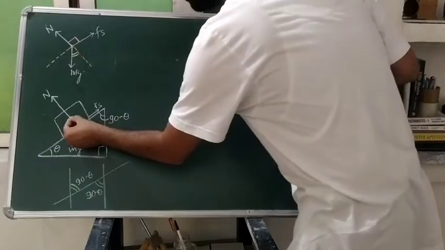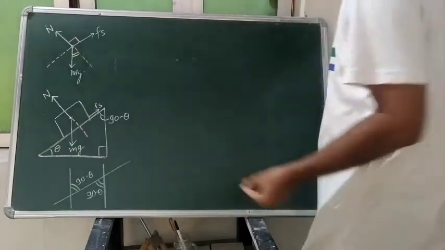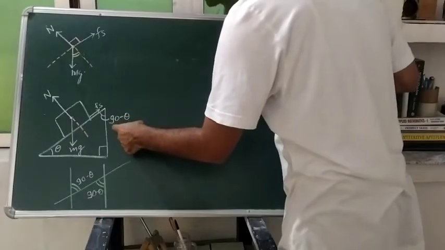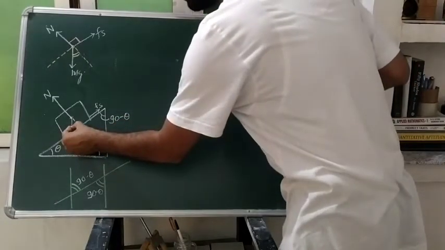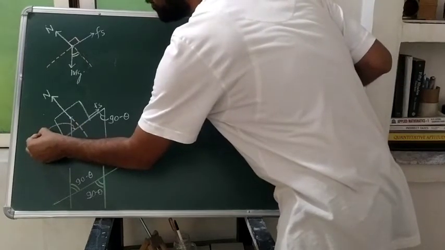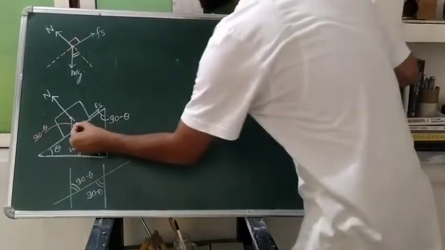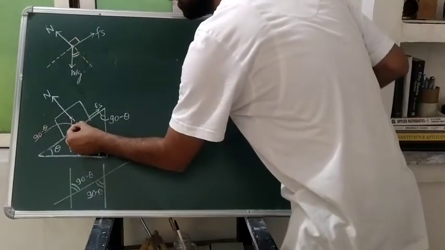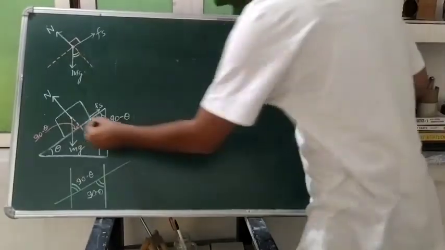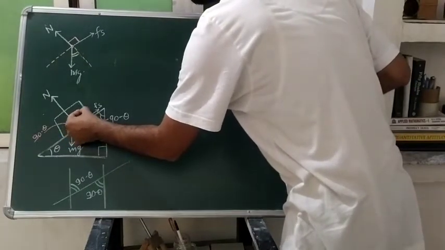If this is the triangle we are forming here, with one angle 90 degrees and another 90 minus theta, then of course this angle is going to come equal to theta.